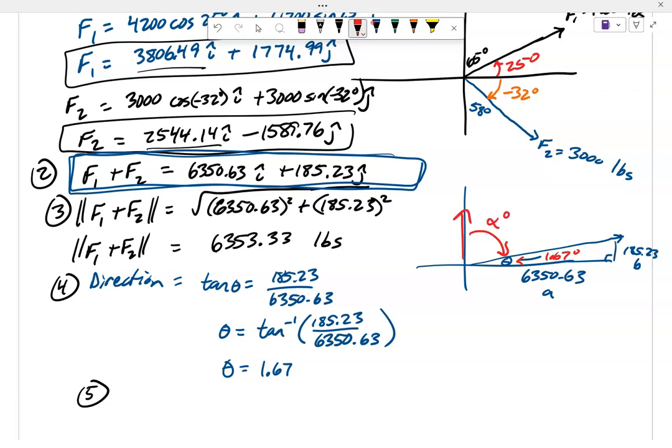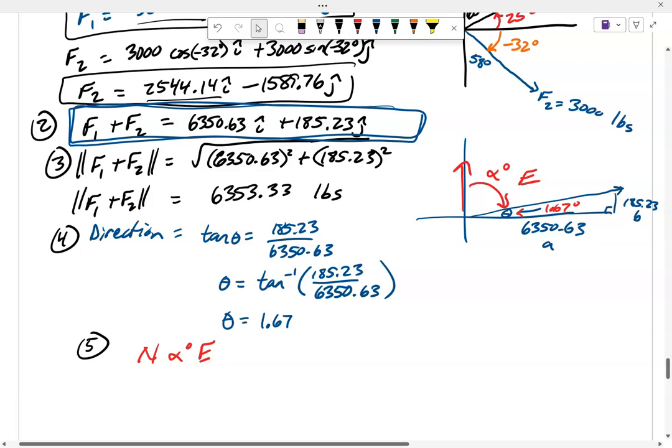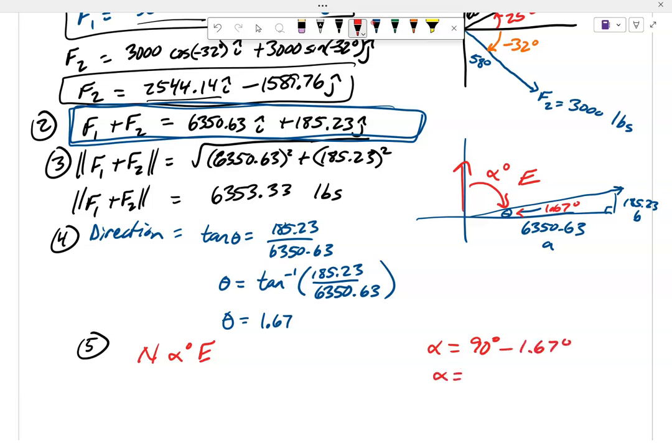I'll call it alpha degrees east, right? We want north alpha degrees east. Well, if theta is 1.67 degrees, then alpha would be 90 minus 1.67 degrees. So my alpha here would be 88.3 degrees. So our bearing is north 88.3 degrees east on this.